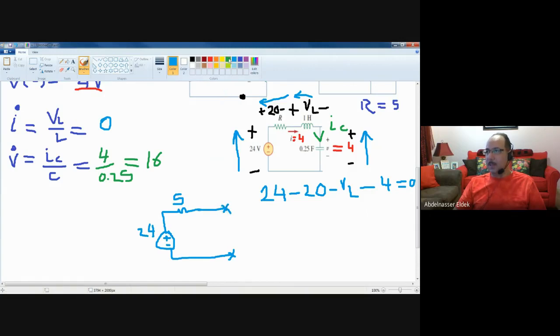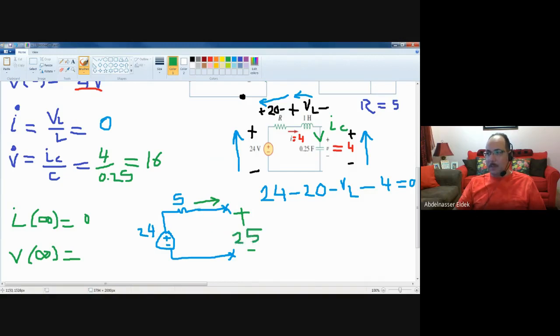So now what is the current? I infinity is 0, of course, because the circuit is open. Now what is V infinity, the voltage across the capacitor? Since you don't have any voltage across the resistor or any current in the circuit, the voltage will be 24.